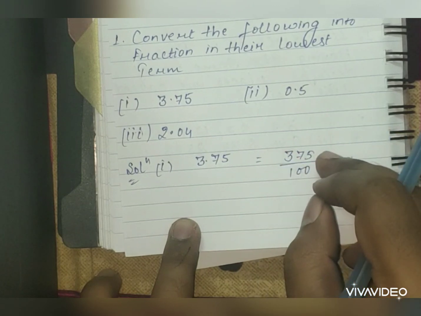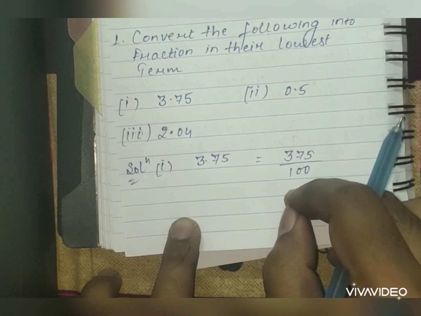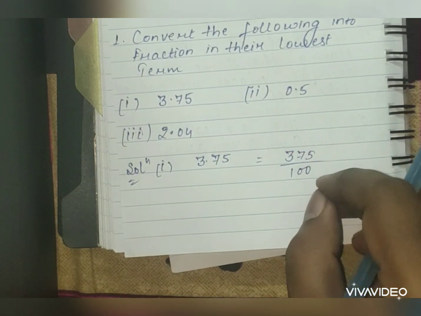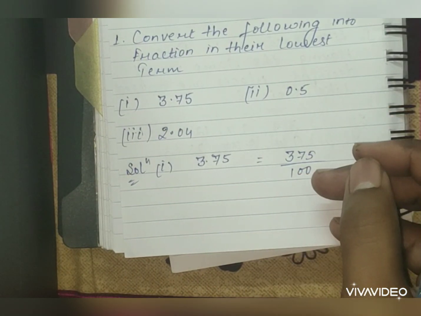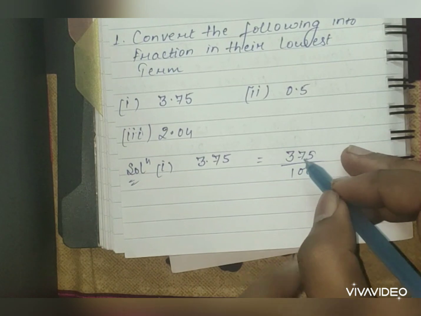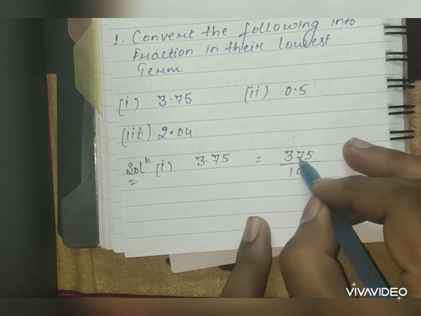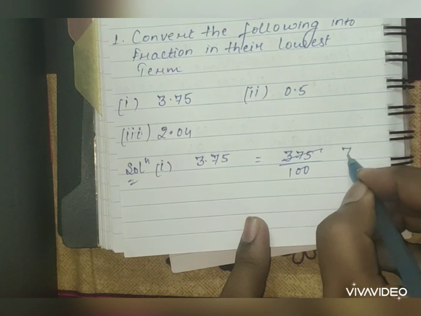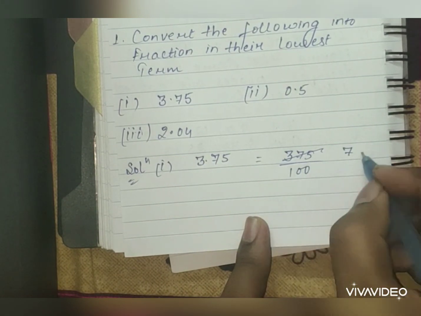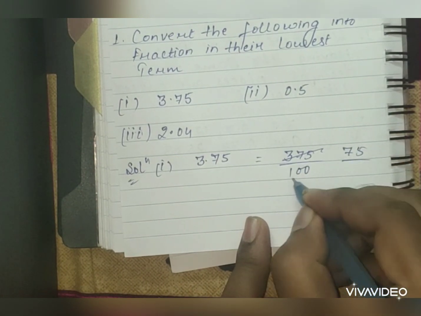So this is 375 upon 100, and then you have to convert them into a lowest term also. So simply we will divide it. The common number is 5. 5 7s are 35. 2 will be left. 5 5s are 25.